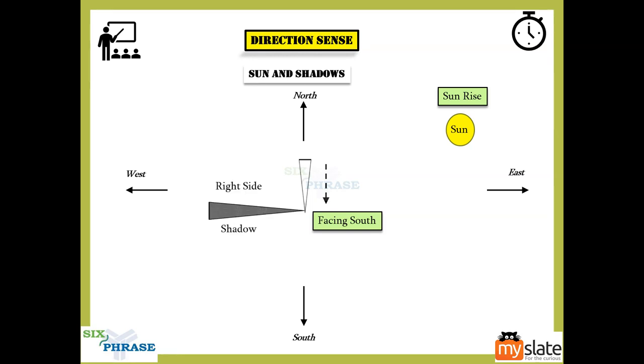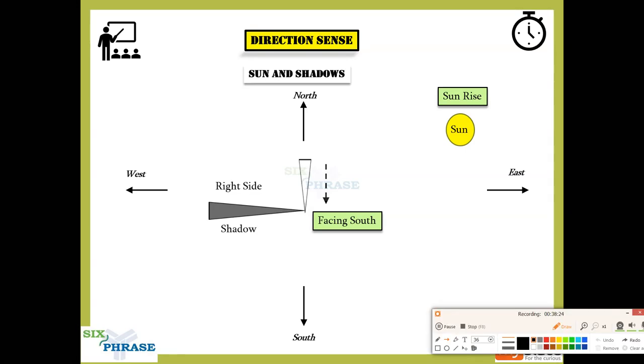So again here you can see left and right was dependent on what, guys? It was dependent upon which direction the object was facing. In the previous example the object was facing north, so we call this left hand side. Here this object is facing south, so we call this right hand side. The side hasn't changed because the sun is here.